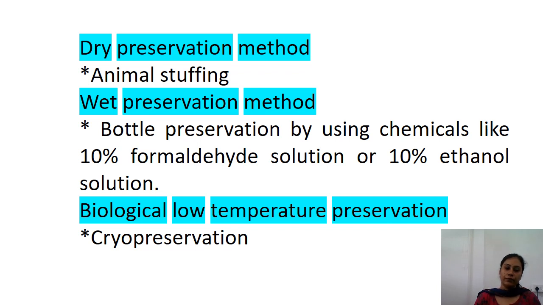For the wet preservation method, we use bottle preservation with chemicals like 10% formaldehyde solution or 10% ethanol solution. And for biological low temperature preservation, cryopreservation is used, where we preserve those organisms under -4 degrees centigrade.